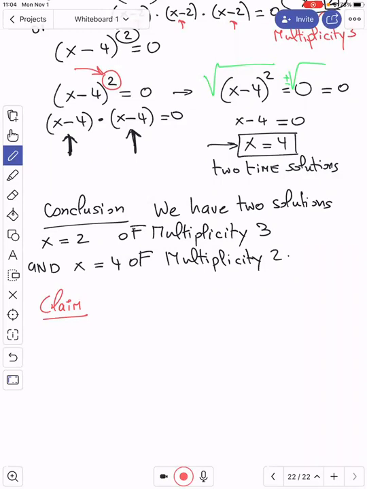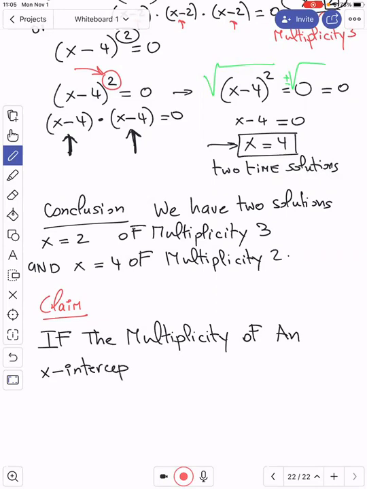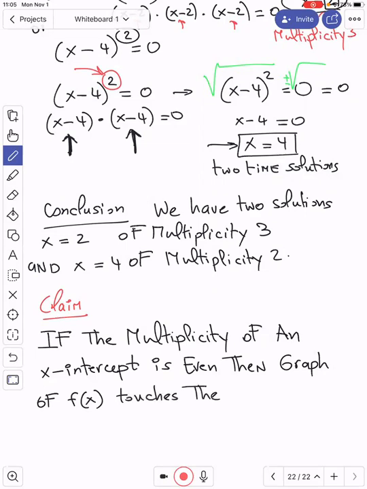Now, if the multiplicity of an x-intercept, or a solution, is even, then the graph of f of x is going to touch the x-axis because you have an x-intercept, and then it's going to turn around.